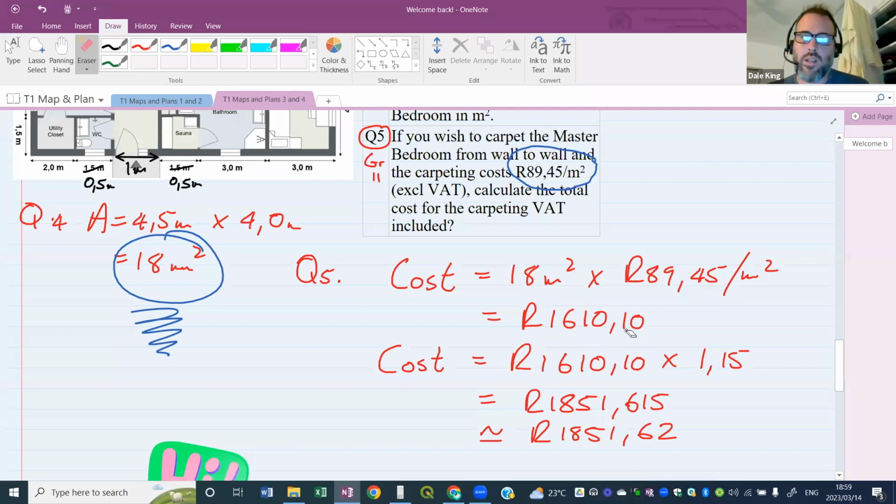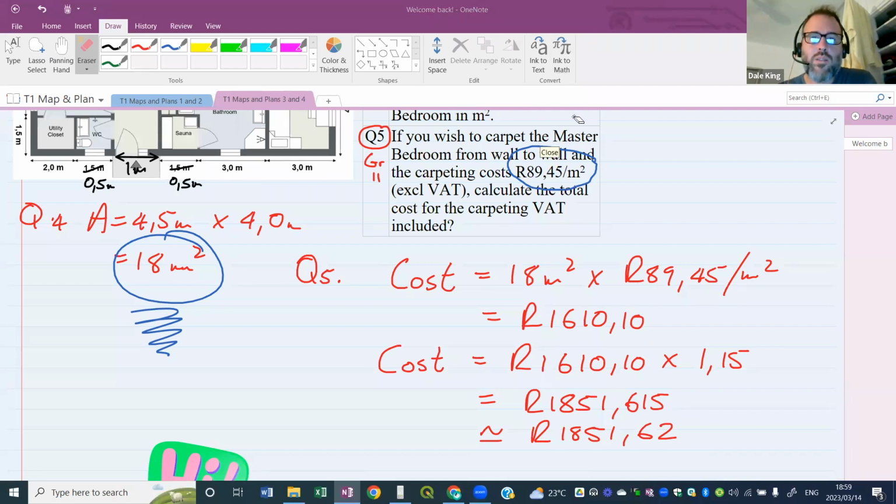That's VAT excluding. We need to include VAT on this. So we need to take 1610.1 and times by 1.15. Remember, I showed you guys that shortcut on how to calculate VAT, and that gives you 1851.615. The 1 in the second decimal must be changed by the 5 that's next to it to a 2. So it's 1851.62.